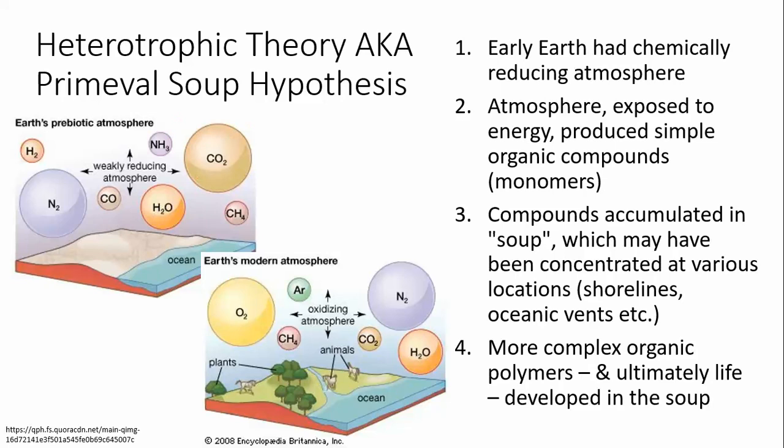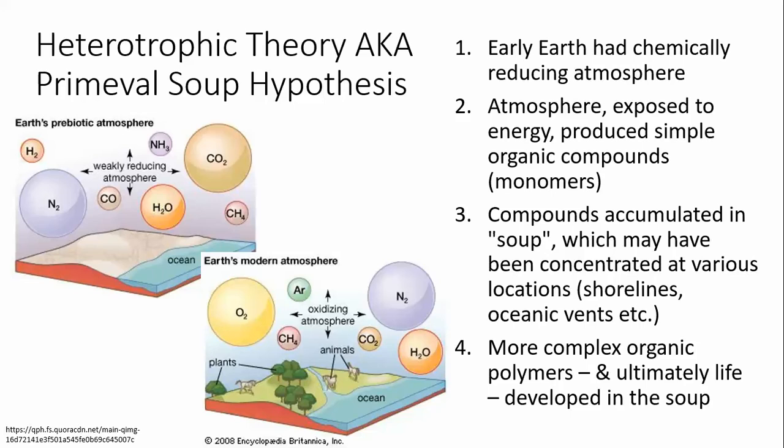CO2 looks like there was a lot more of it in the early atmosphere, which means it was probably pretty warm. There was some methane, there was ammonia, hydrogen, and carbon monoxide, and of course water vapor. And all of those were in a reducing atmosphere, which would allow them to form these chemical reactions once they got a source of energy.